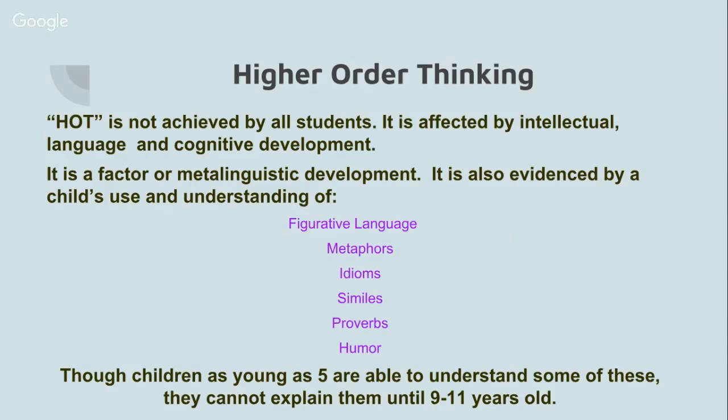The mastery of these higher order thinking components isn't really going to be clearly established until later on in the very late middle school years, beginning junior high years. So they might be able to use humor, but not understand it. They might be able to read a book with a metaphor, but not really be able to put it into their own words to explain it.